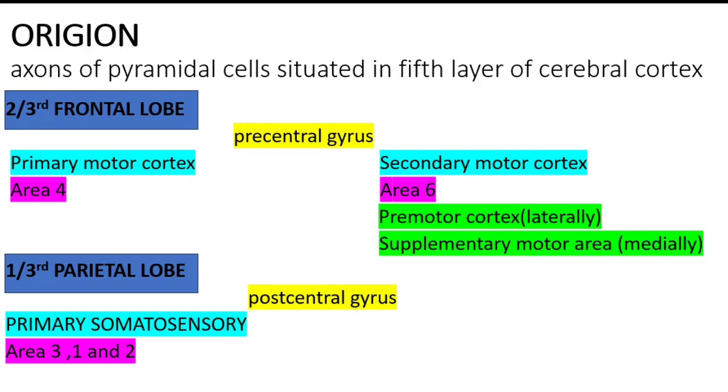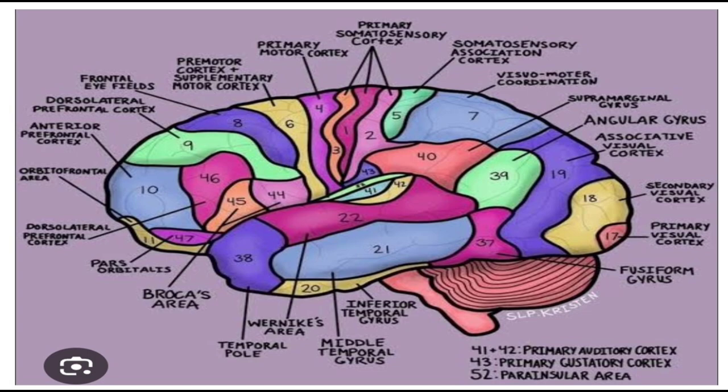So from where this particular tract originates, the areas are mentioned on the slide. I have also added a picture so that you could get a pictorial view and have a better understanding of these areas. We'll just talk about the areas we are concerned with according to our corticospinal tract explanation.